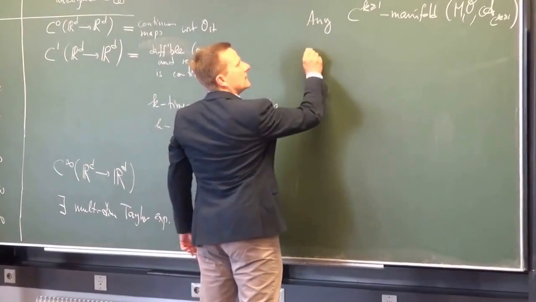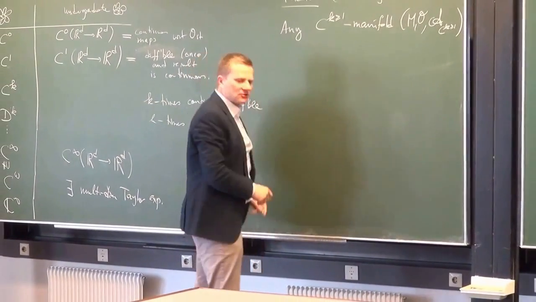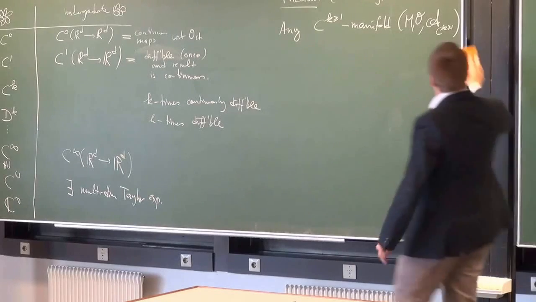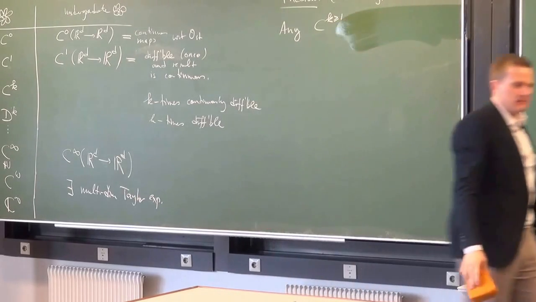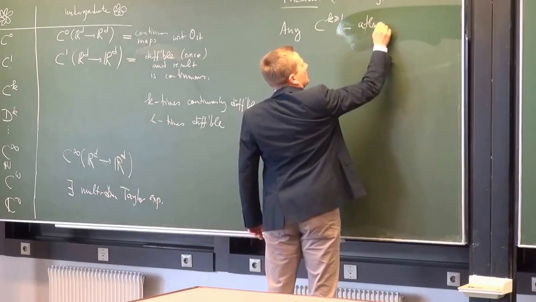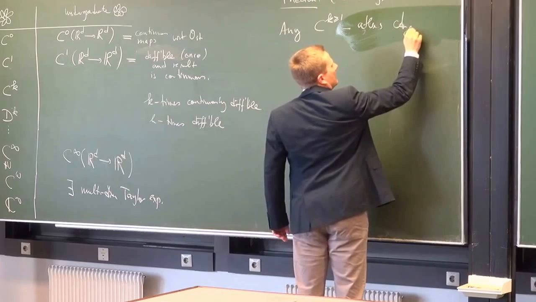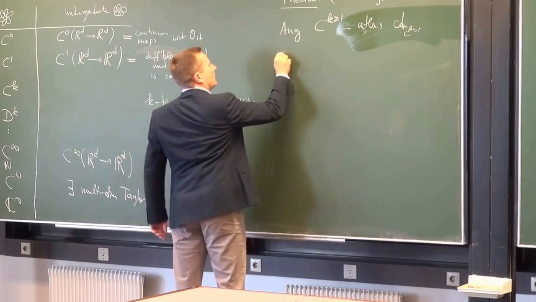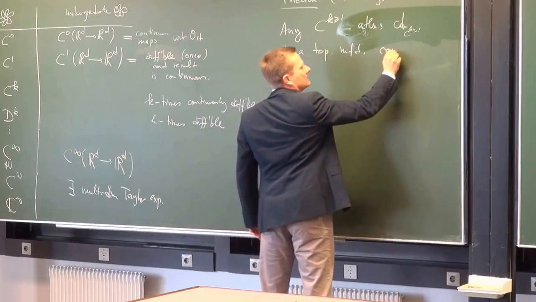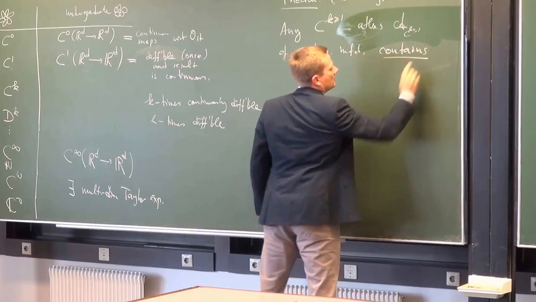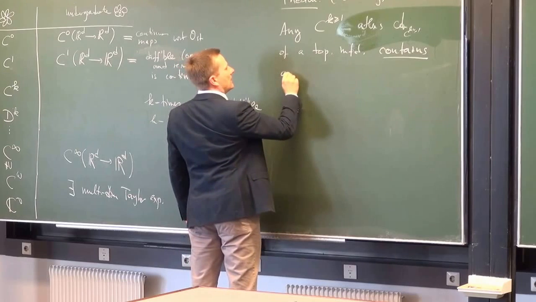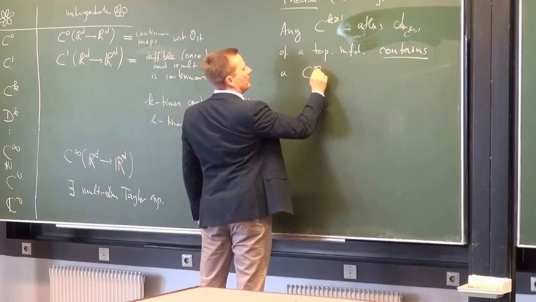I should formulate in terms of atlases, and then it's shorter and clearer. Any C^k atlas, k greater than or equal to 1, of a topological manifold contains, as a subatlas, which is still an atlas, a C infinity atlas.